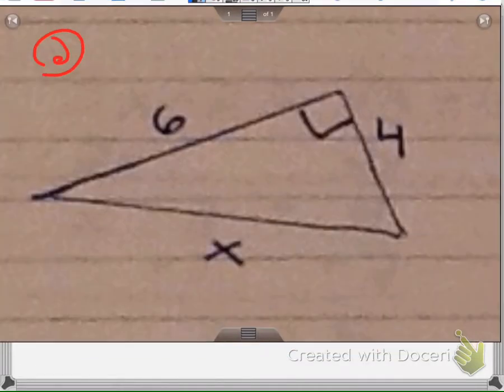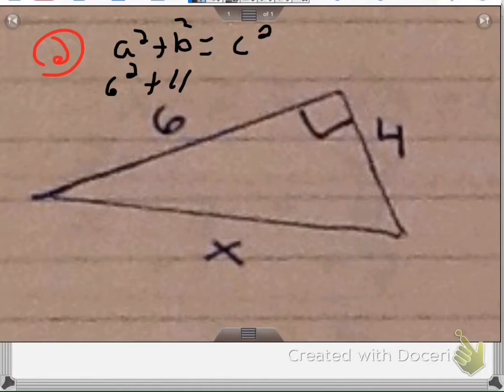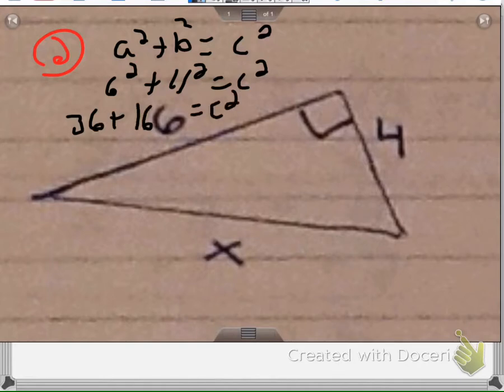Okay, notice that I'm missing C this time, so then I'm going to have to use A squared plus B squared equals C squared to find that missing C. 6 squared plus 4 squared equals C squared. 36 plus 16 equals C squared.